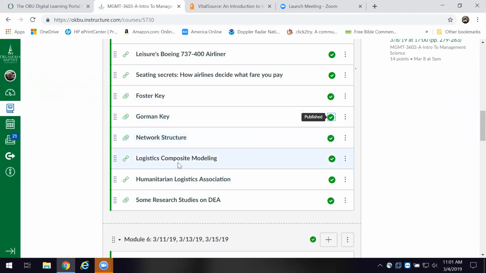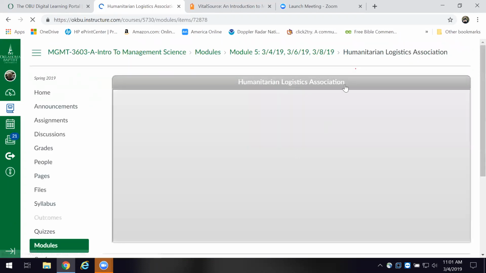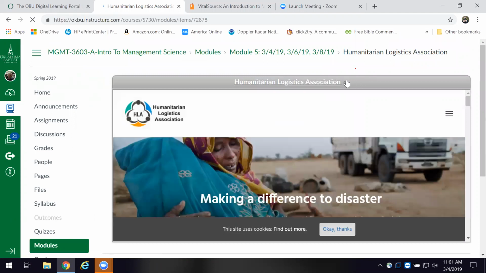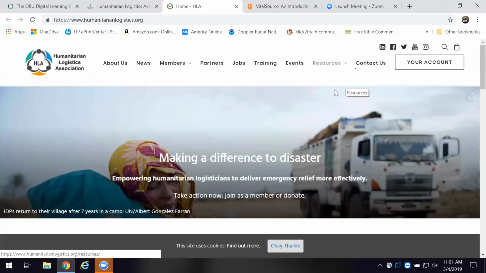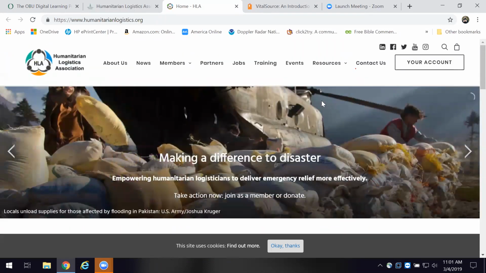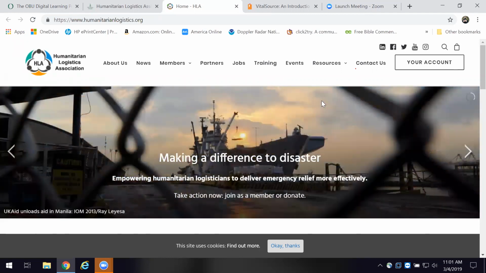And then logistics, what they call composite modeling. And then here's a very good group of people, the Humanitarian Logistics Association. These are folks who work in the field, researchers and practitioners, dealing with the issue of getting to people who need aid and who need help, etc. And so they're a great organization.